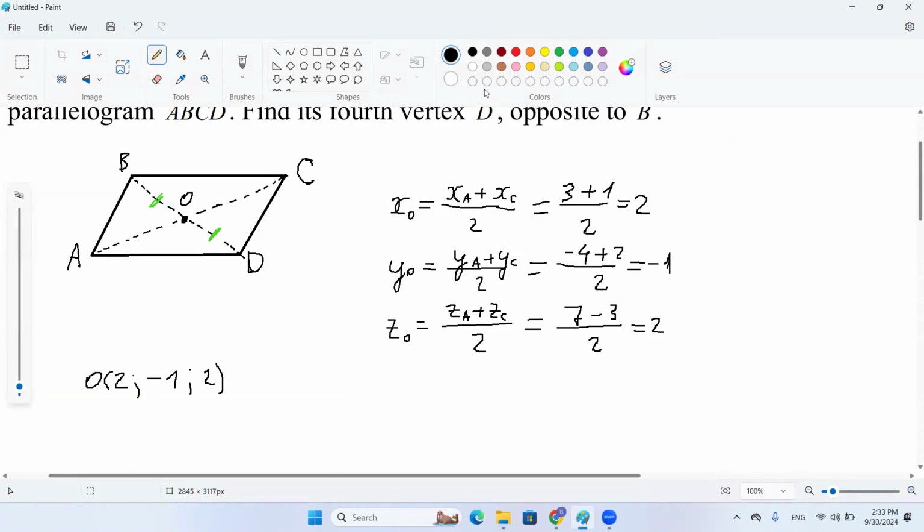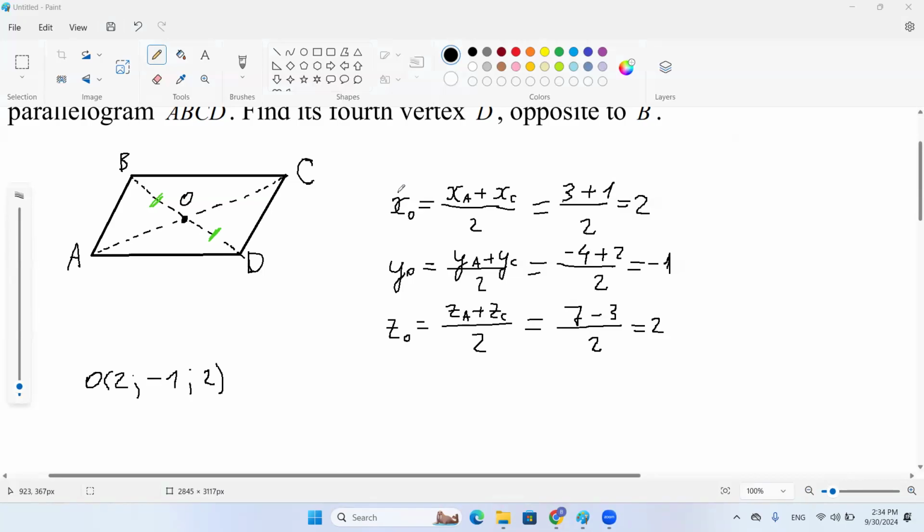So any ideas? We can use these formulas, but just modify them a little bit.